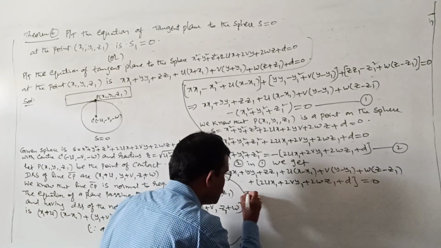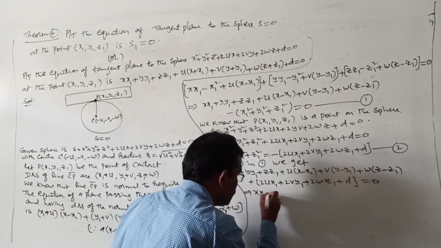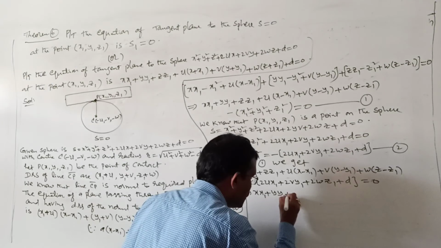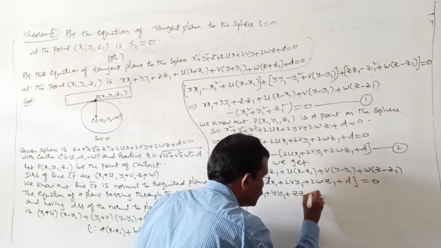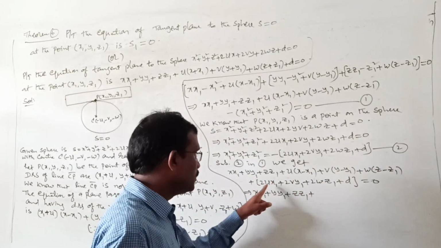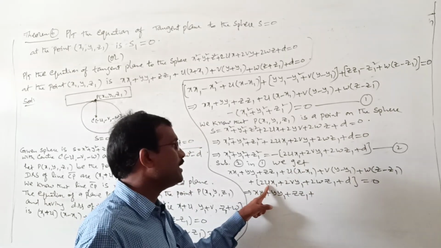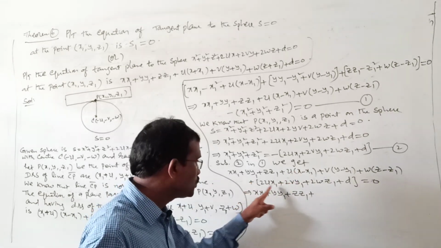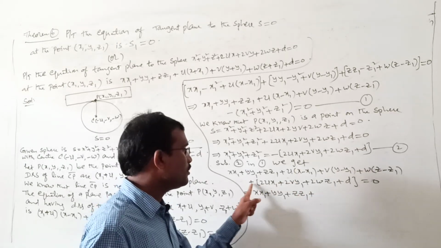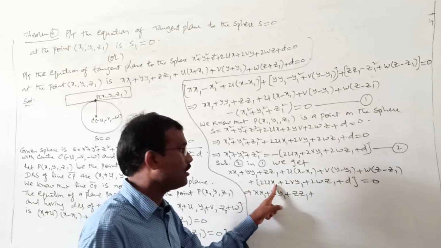Again I am simplifying this result. xx1 plus yy1 plus zz1, up to here I am not changing. In between these two things take u common. If you take u common, (x minus x1) plus 2x1 becomes what? Plus x1, or not?